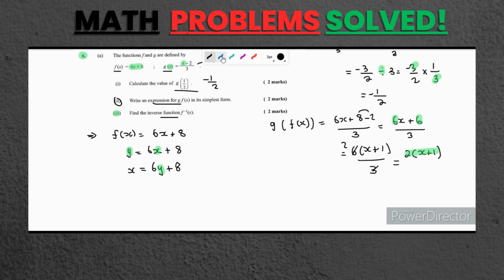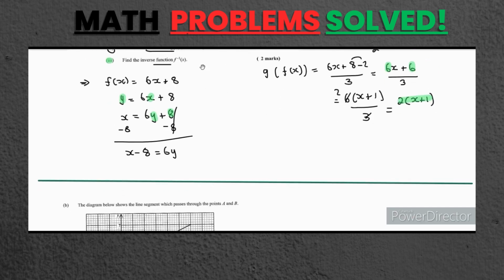So how will you isolate y from here? The first step is you have to get rid of this 8, right? So you will subtract 8 on both sides. Here you will subtract 8 and here you will subtract 8. So what will you get? These two cancel out. Here you will get x minus 8 equals 6y.